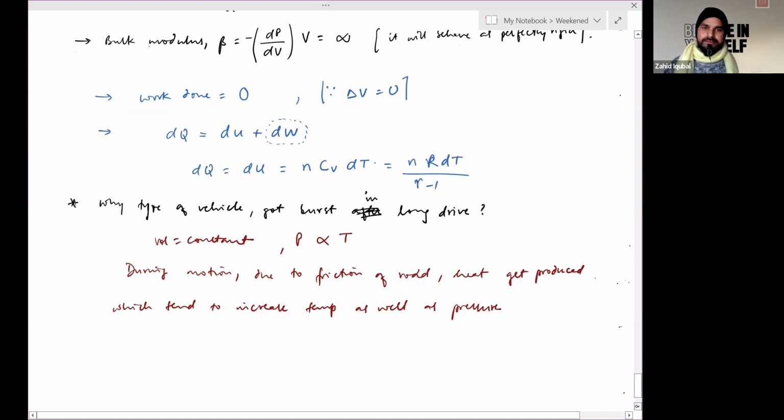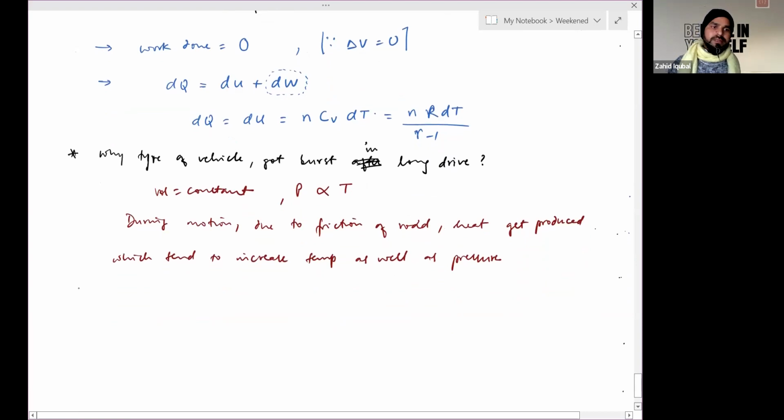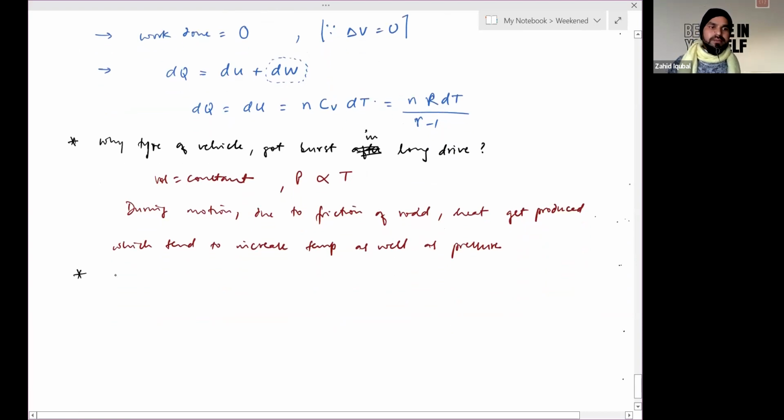Next will be: why is cooking in a pressure cooker so fast? Mamuna, any clue?